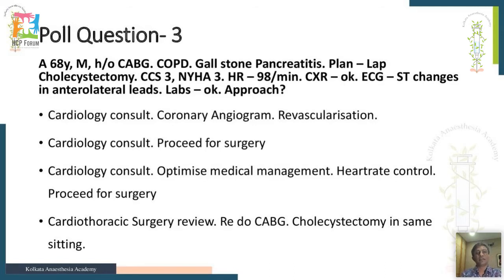Cardiology consult, optimize medical management, heart rate control, proceed for surgery? Or is it cardiothoracic surgery who decides to do a redo CABG and cholecystectomy in the same setting? Choose your option and we'll close the poll in 5, 4, 3, 2, 1, and 0. And we'll go to the next poll question.